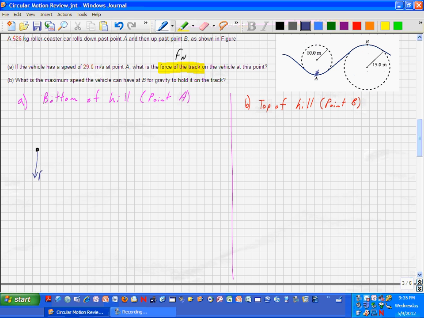First is weight, of course, which is equal to the mass, 526 kilograms times 9.8 meters per second squared. And then, since it's sitting on a surface, the track, we've also got a normal force.